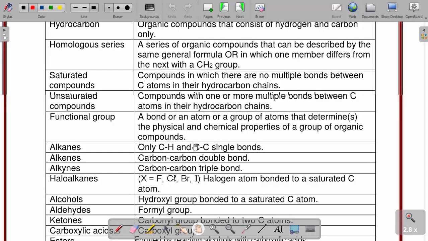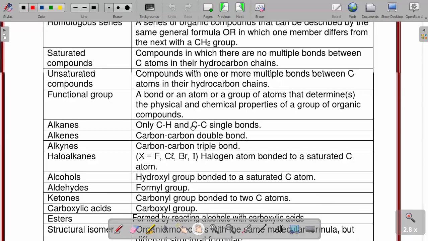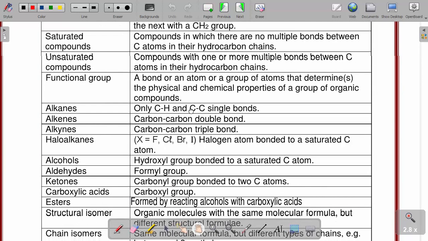Then we have what we call saturated compounds. Now, compounds which are saturated, these are the compounds in which there are no multiple bonds between carbon atoms in their hydrocarbon chains.